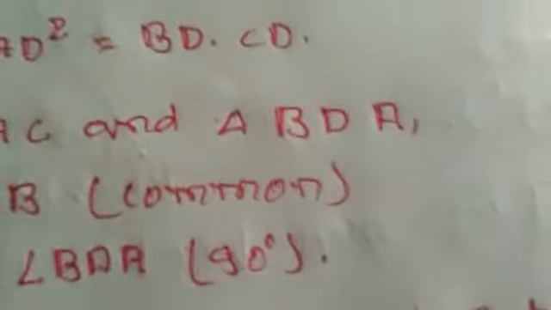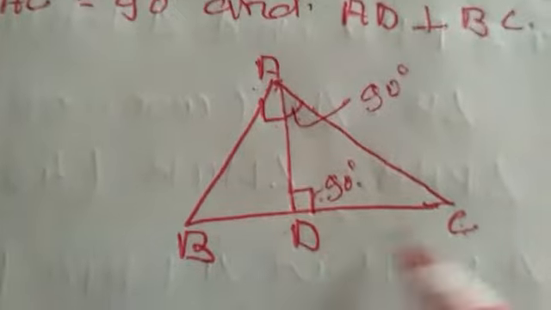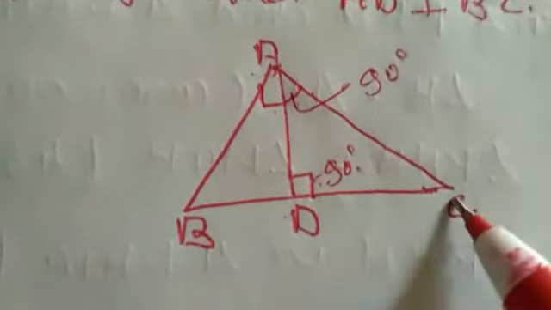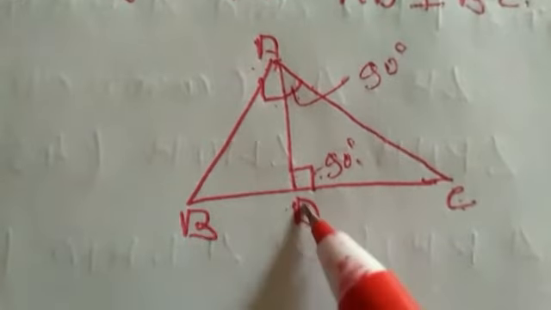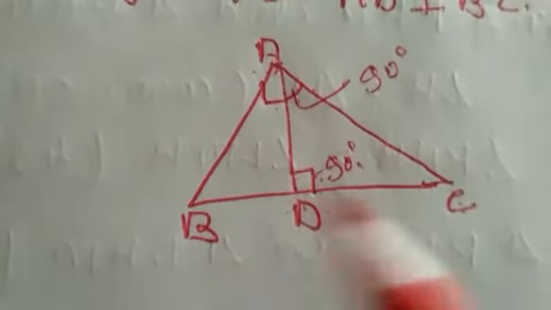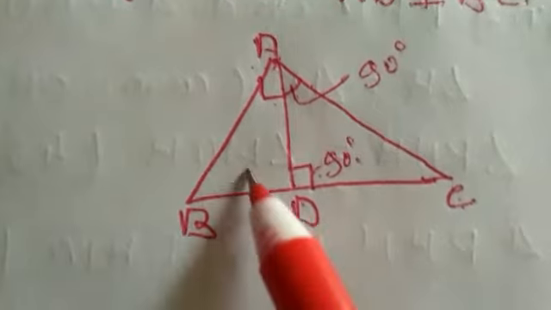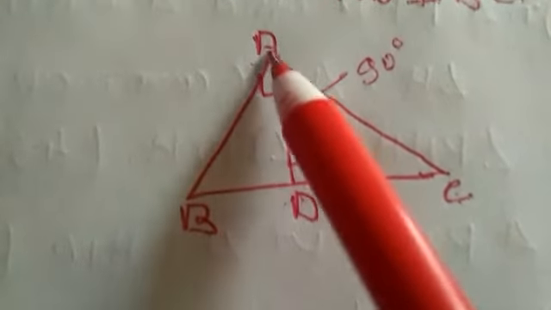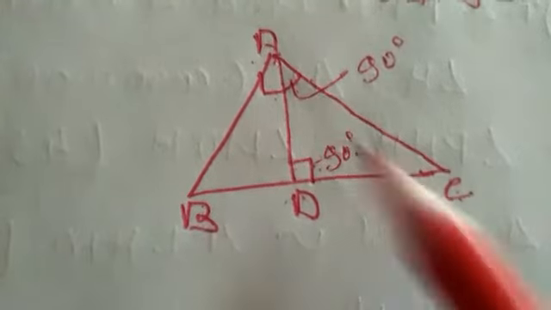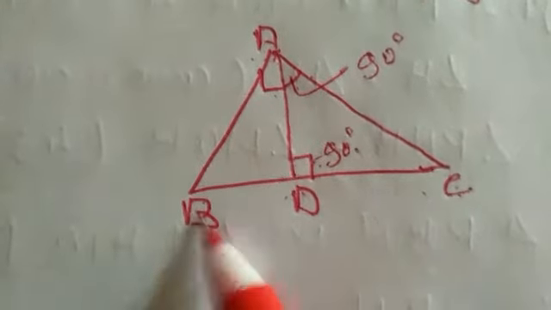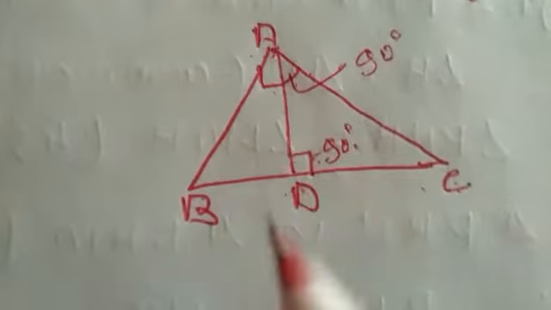Now I am going to make similar triangles: one bigger triangle, ABC, and one smaller triangle, ABD. You have to make the smaller triangle ADB similar to triangle CAB. You have to show these two triangles are similar.